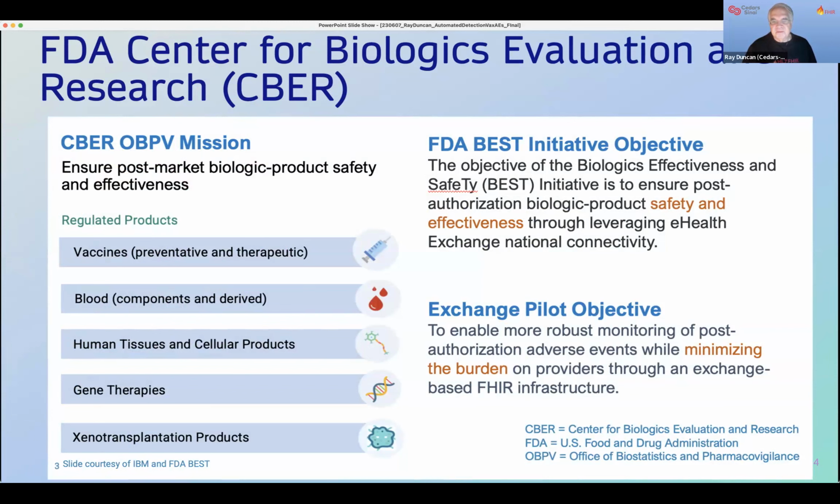They like acronyms at the FDA. Well, they like acronyms in the government. But the BEST initiative is specifically to leverage the national HIE networks to improve their surveillance of the safety of various products and reduce the manual processes and the burden on providers that we currently have.